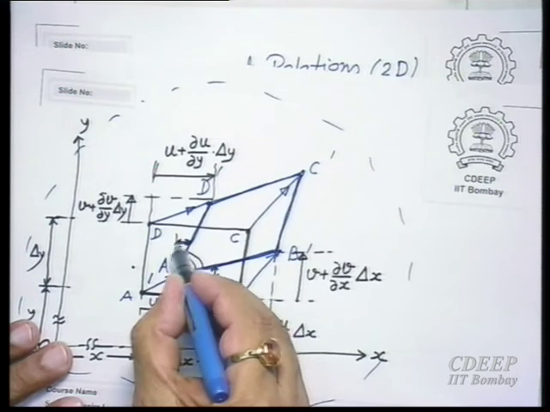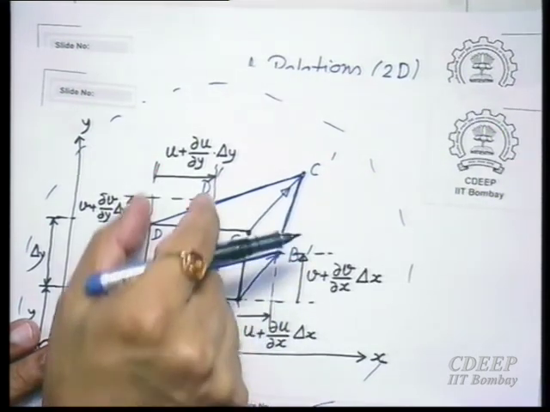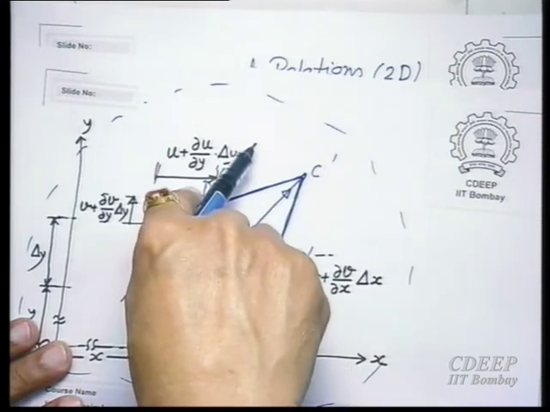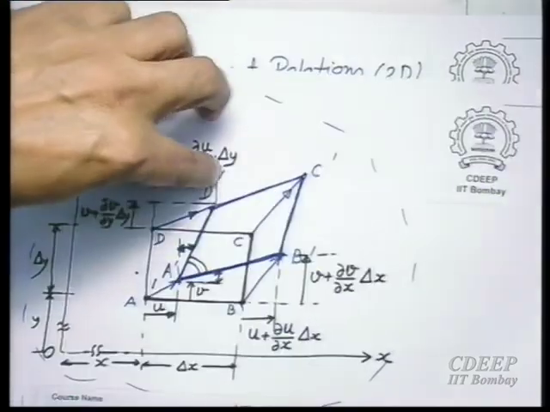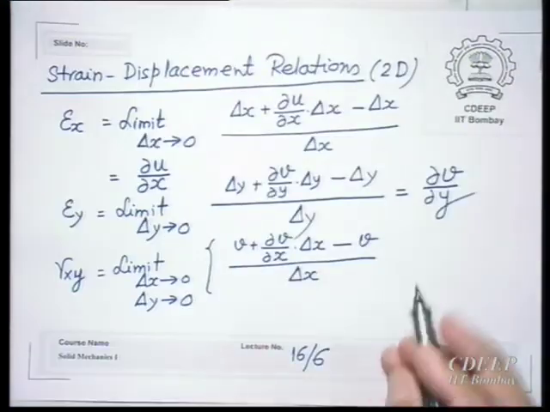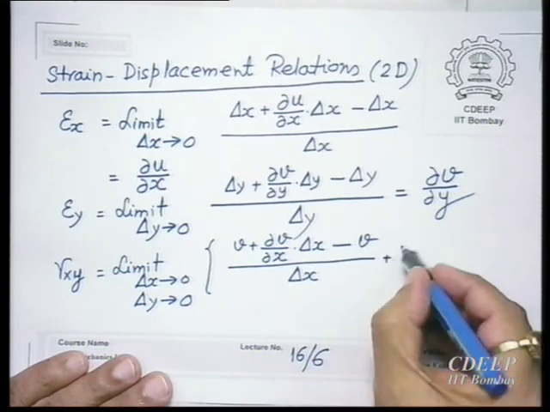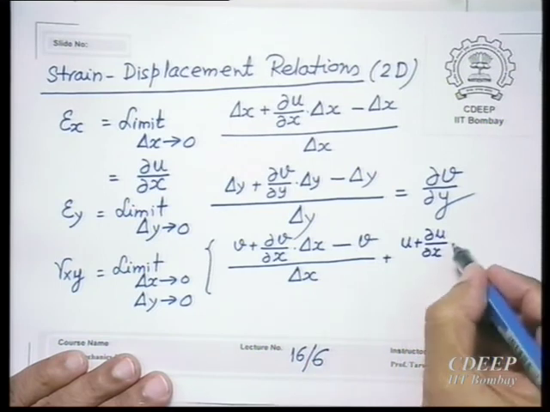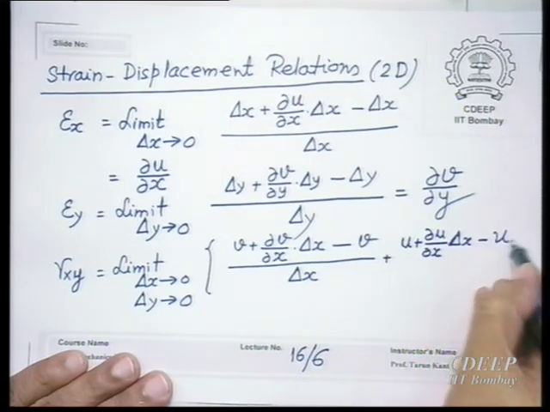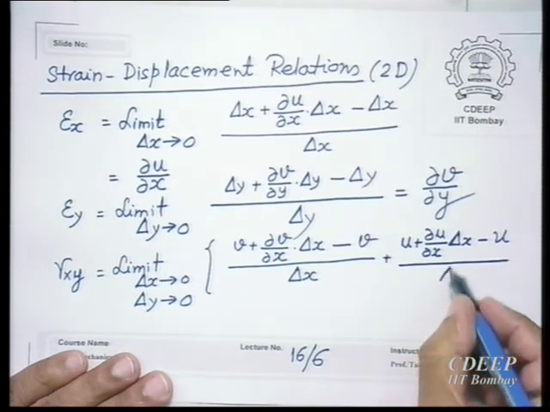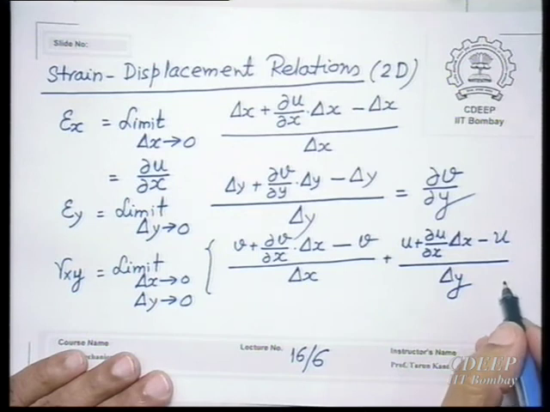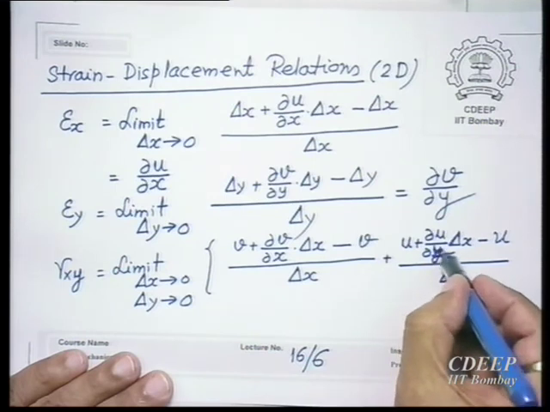And what about this angle? Again, this is u and this distance is known, so this divided by dy. It is this minus u. So u plus du by dx into dx minus u divided by dy. No, it is not du by dx, it is du by dy. This is y.